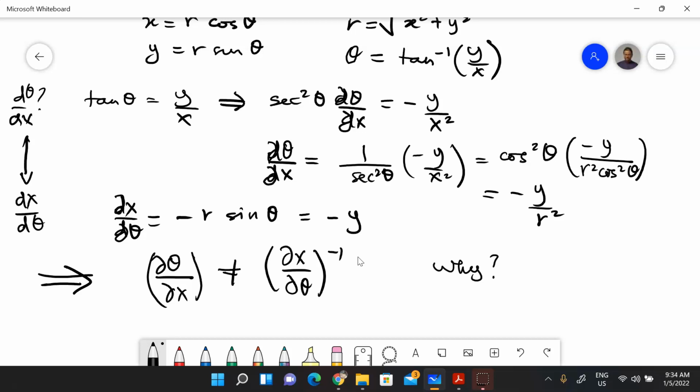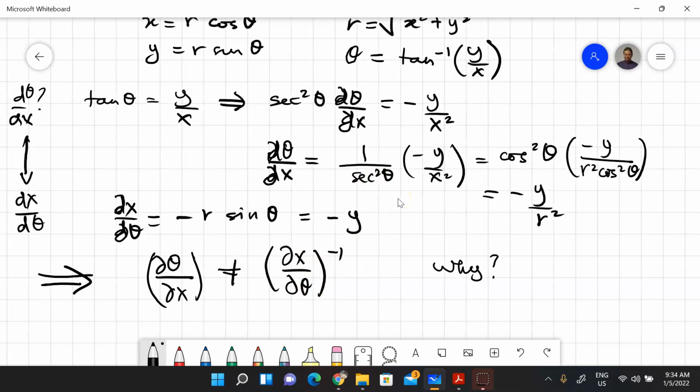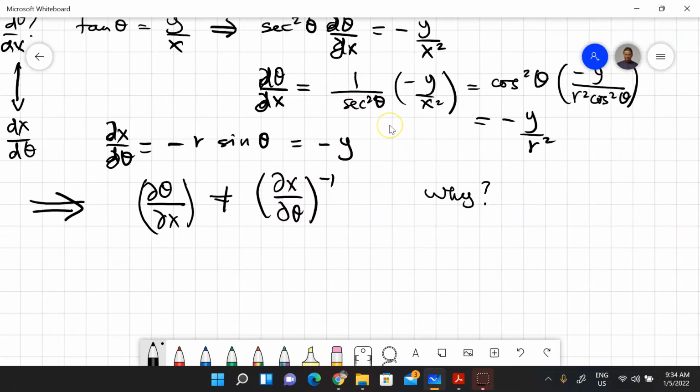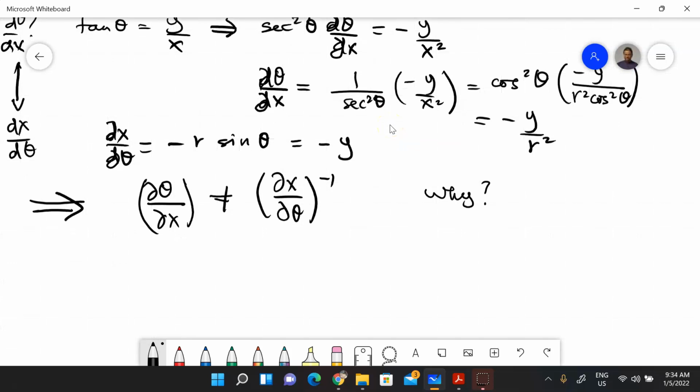Sometimes what we do is make the simplistic assumption that you can actually do the reciprocal. So the point of this example is to show that you can't really do this all the time, because you have to remember what are actually kept constant and what are not kept constant.